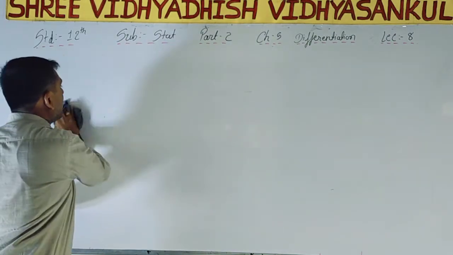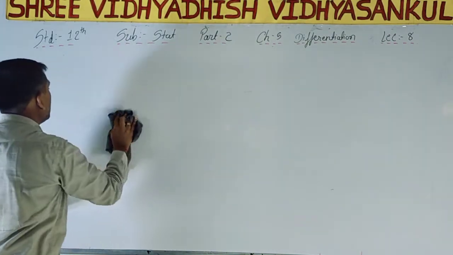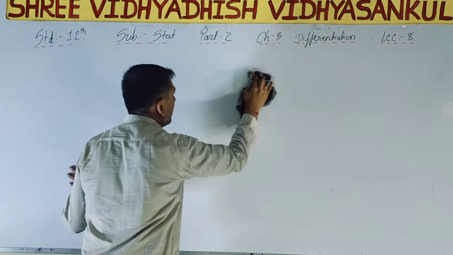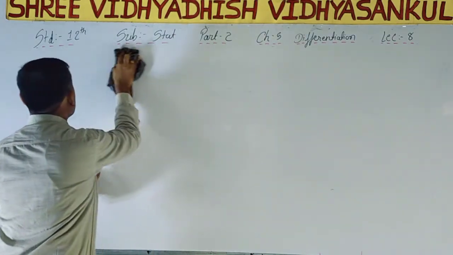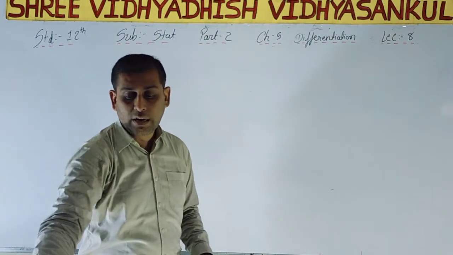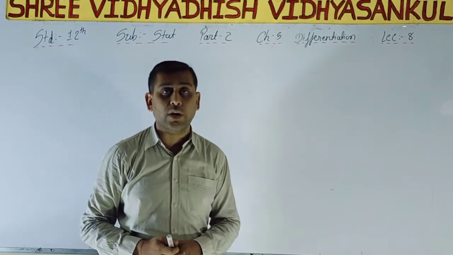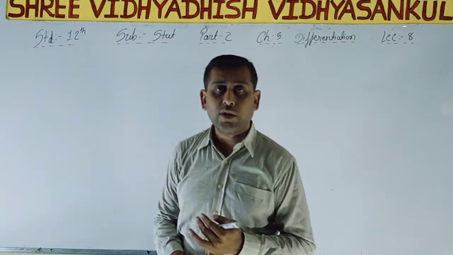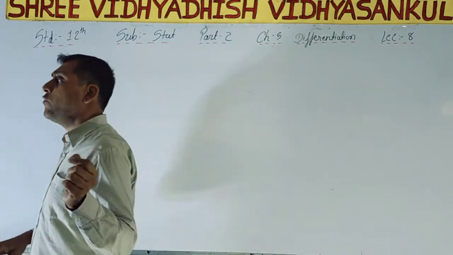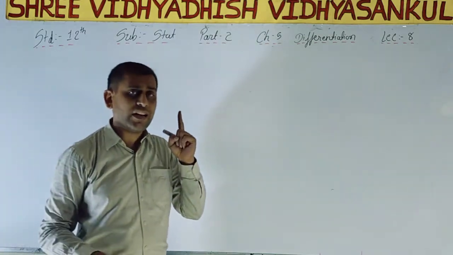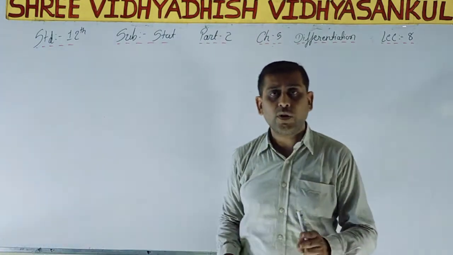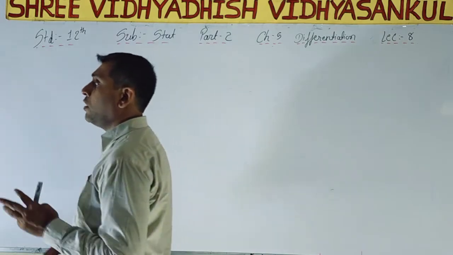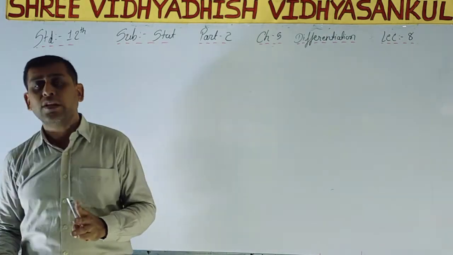The rule for increasing and decreasing function is written here, and I am also writing that on the board. See the rule for increasing and decreasing function. Five methods: first, differentiation by definition. Normal differentiation is the second method. Multiplication rule, third method.